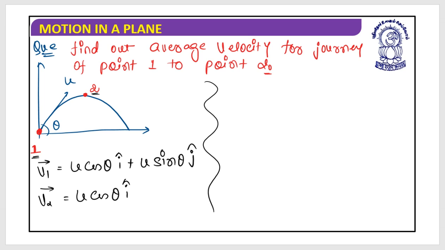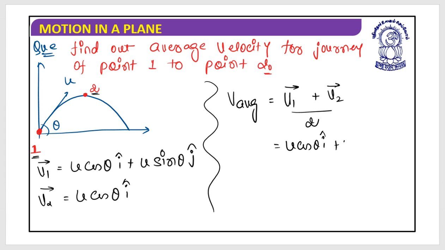What we are supposed to do is: v average is equal to (v1 plus v2) divided by 2. So v average is (u cos theta i plus u sin theta j plus u cos theta i) divided by 2.